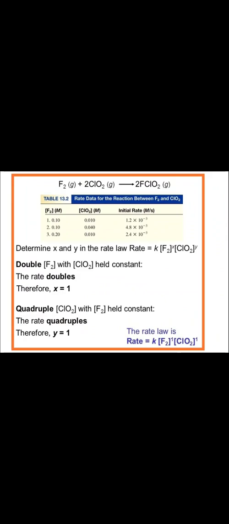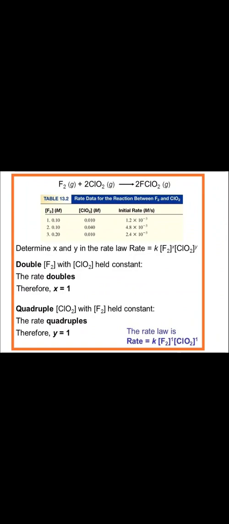Now see the second and third setup, or first and third setup. In the first and third setup, the concentration of F2 changes by 2 times, while the concentration of ClO2 remains constant.